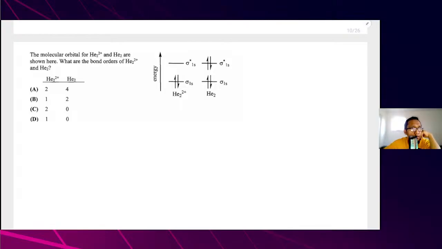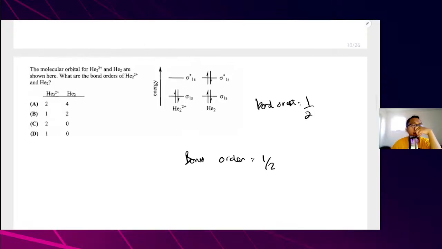As you can see, guys, the bond order is half of the bonding electrons minus the anti-bonding electrons. So the bond order for He2 2+ has 2 bonding electrons, right?